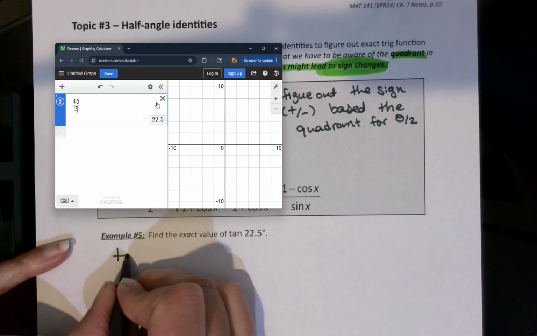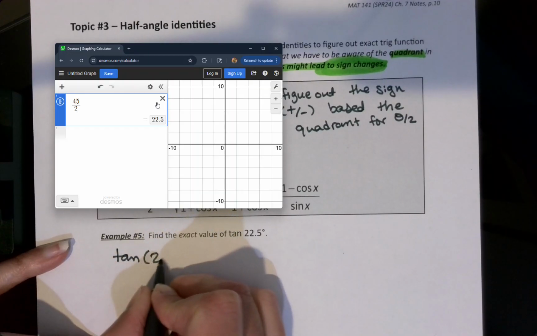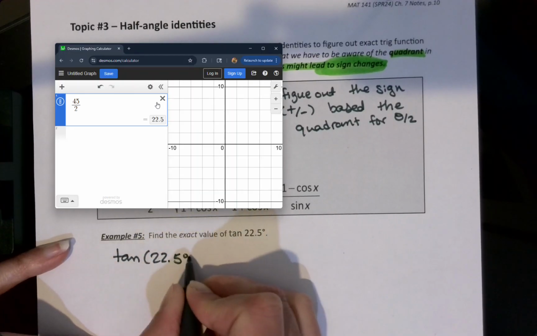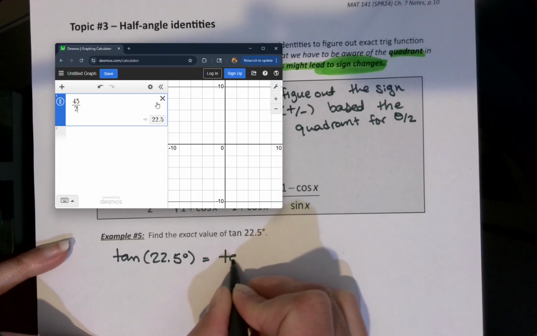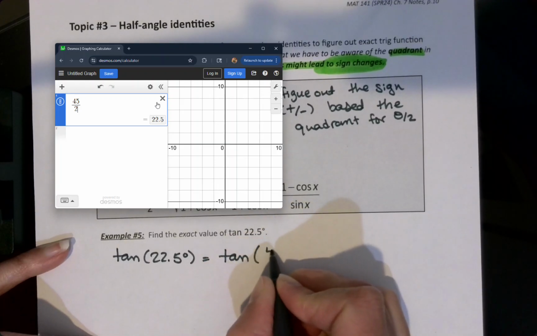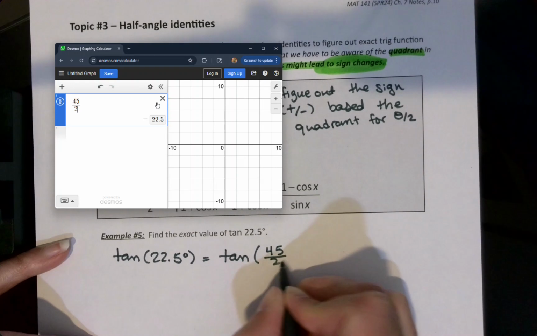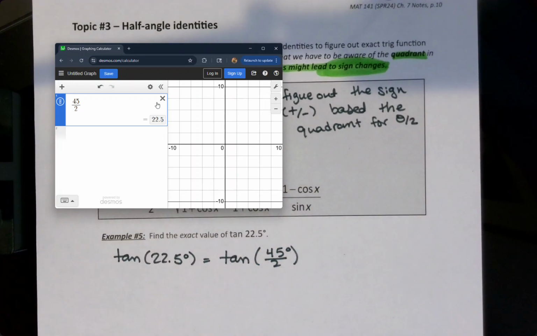So if I wanted to find the tangent of 22.5 degrees exactly, I would say I know that's the tangent of half of a 45-degree angle.